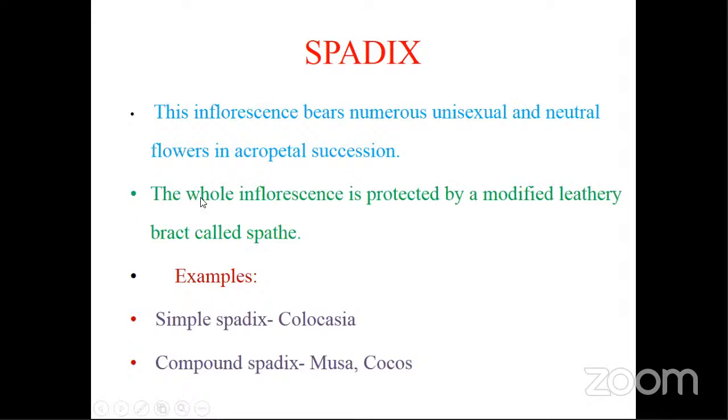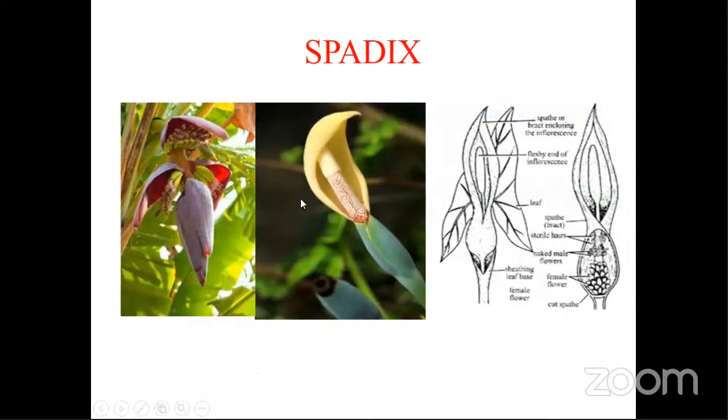But the important point is that the whole inflorescence is protected by a modified leathery bract called spathe. So presence of spathe is a characteristic feature of spadix type of inflorescence. Unisexual flowers will be present here, and in this region we will see neutral flowers, and the whole inflorescence is protected by the bract.